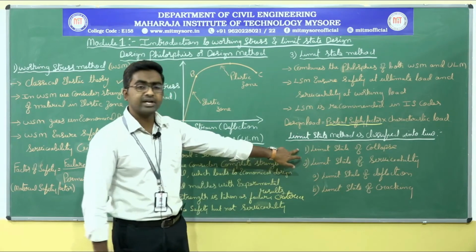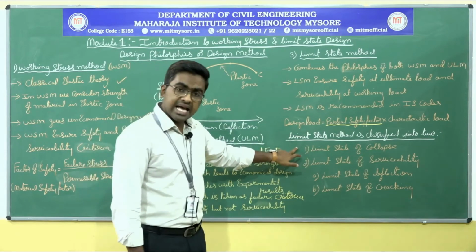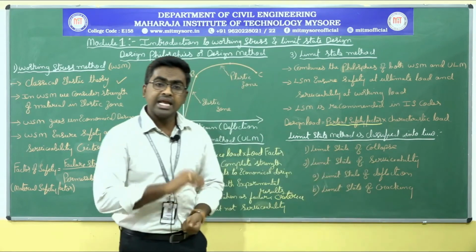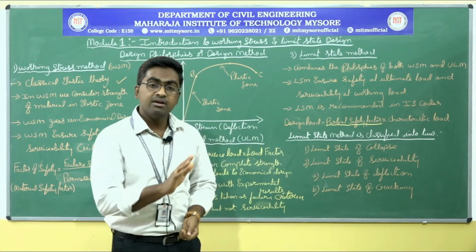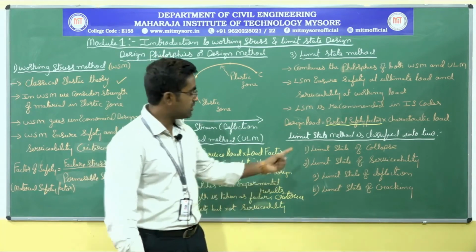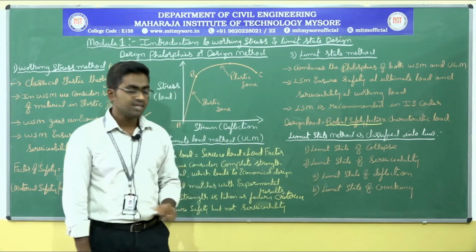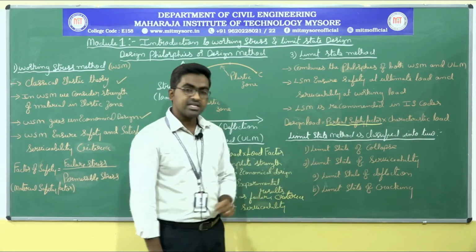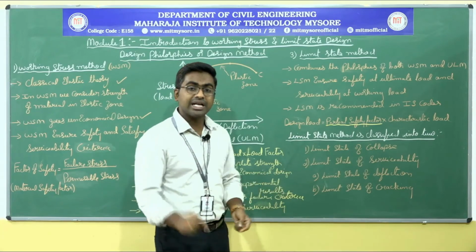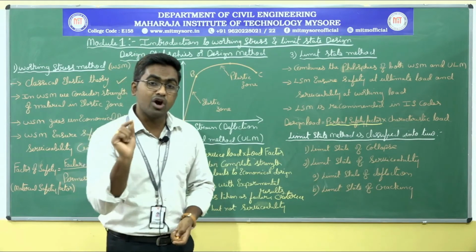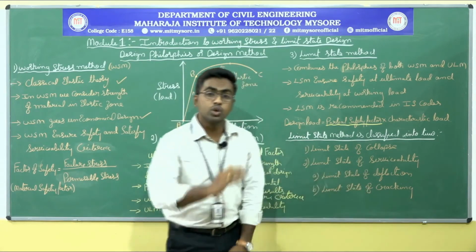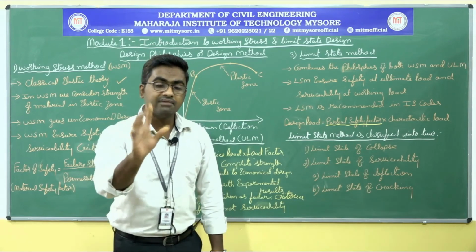What is the meaning of limit state of collapse? Design to this limit state ensures that any RC structural component will not collapse under the ultimate load. Second, limit state of serviceability means design to this limit state ensures that any RC structural component will not undergo excessive deflection or excessive cracking throughout its lifespan under the working load.